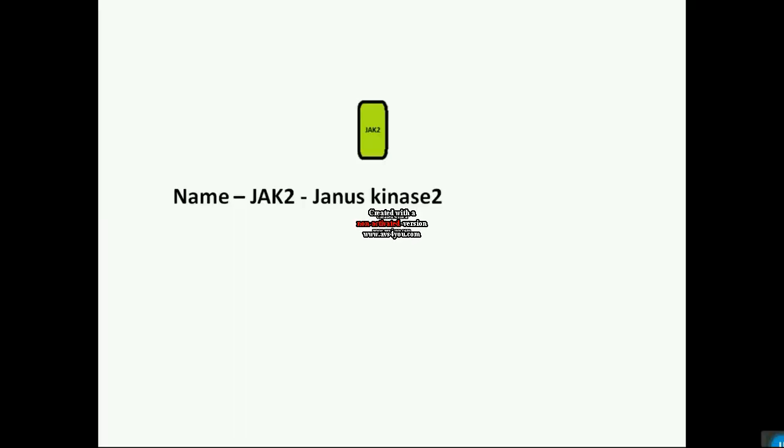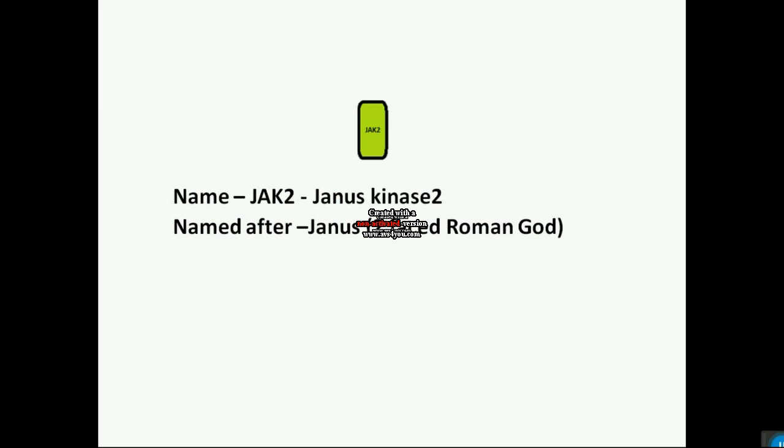Then the third component of the erythropoietin mediated JAK STAT signaling pathway is JAK2, or Janus kinase 2. It is named after the two-faced Roman god Janus.